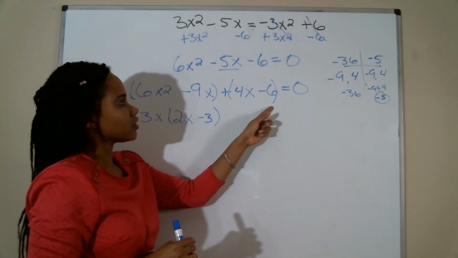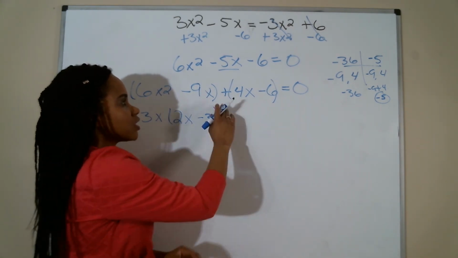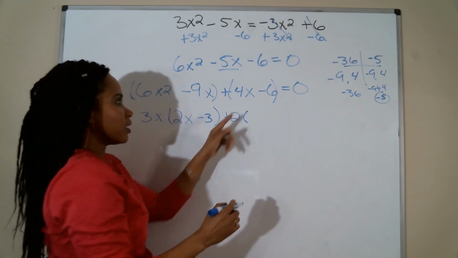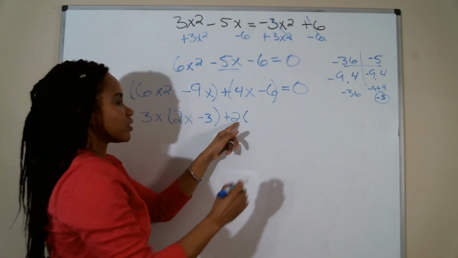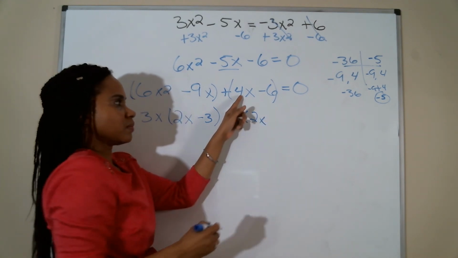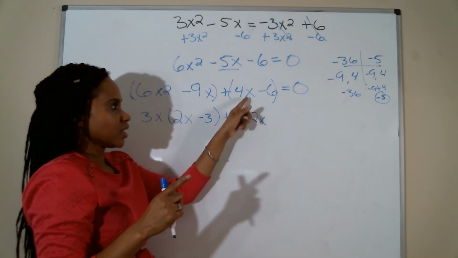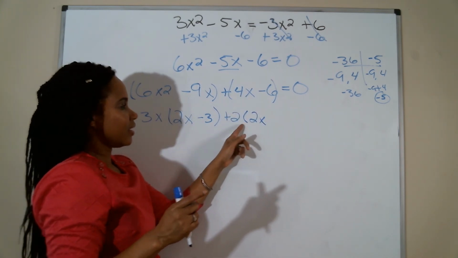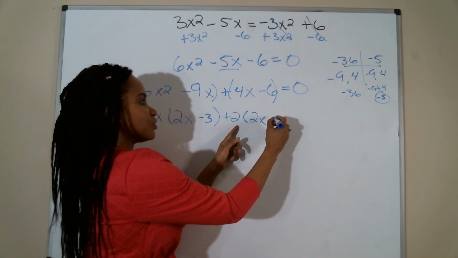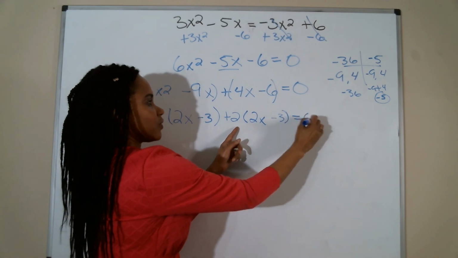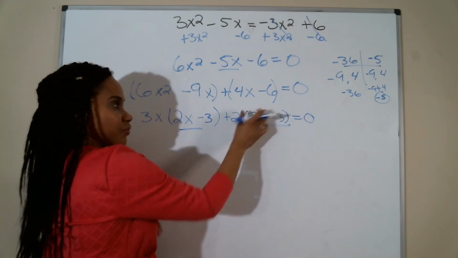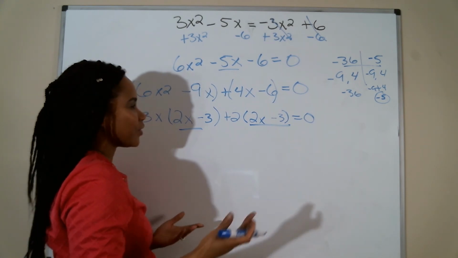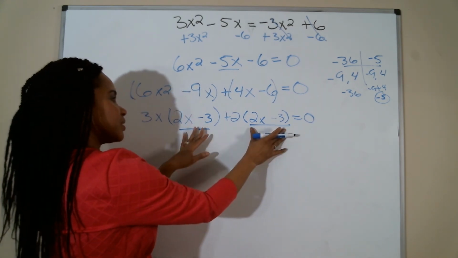Next, I want to factor this one. The greatest common factor would be a positive 2. 4x divided by 2 is 2x, because 4 divided by 2 is 2. I did not take away x from the 4x, so I just bring it down. And negative 6 divided by 2 is negative 3. If you can recall, to help you factor, the second binomials should be the same.